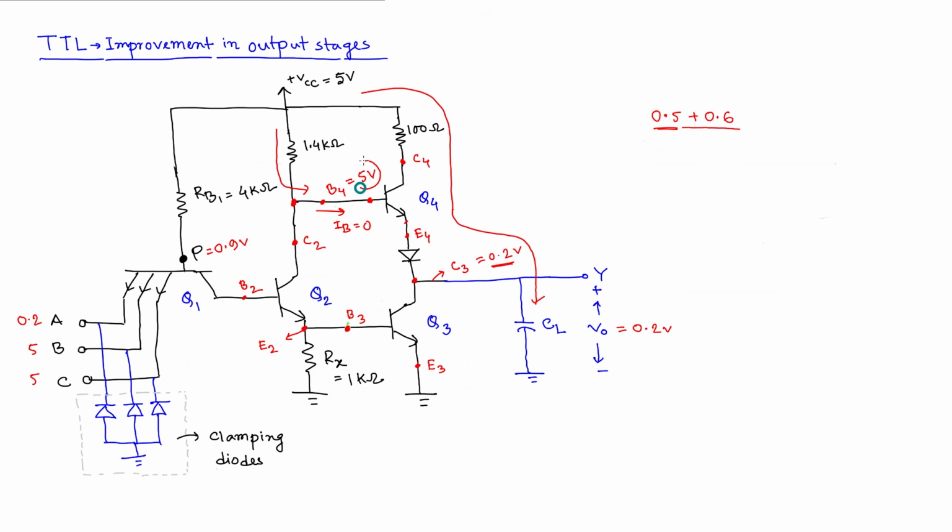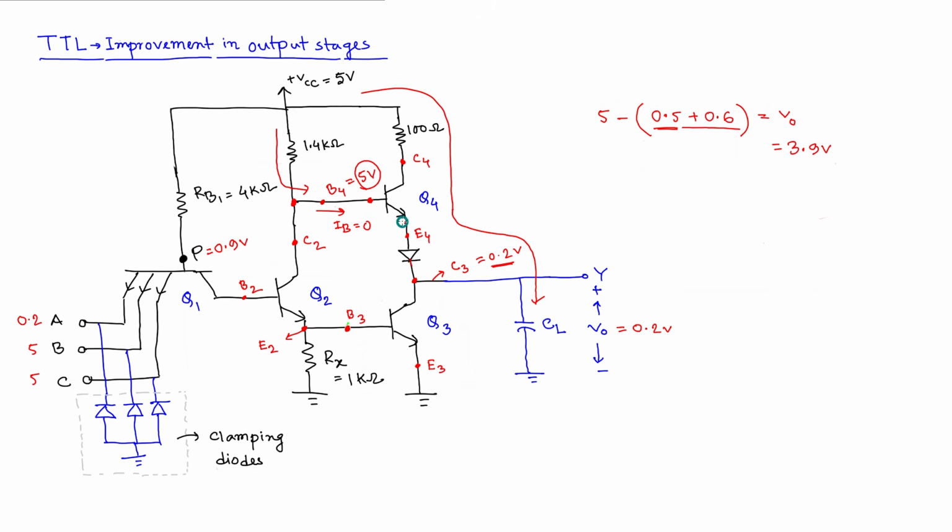Okay, so this is the amount of voltage we will have from here to here, and we already know at that moment B4 will be at 5 volt. So 5 volt minus this amount of voltage will be the output voltage, or the maximum voltage up to which the capacitor will get charged. So this value is what? 3.9 volt. Because at that moment the diode will not get enough voltage to turn on, because it is getting only 0.5 volt.